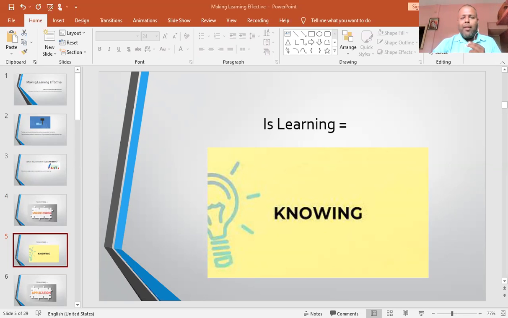But we will move ahead. We feel learning is also knowing. Can someone go ahead with this? Anybody else want to express about this? What do you think that learning is knowing? If yes, then why? If no, then why?